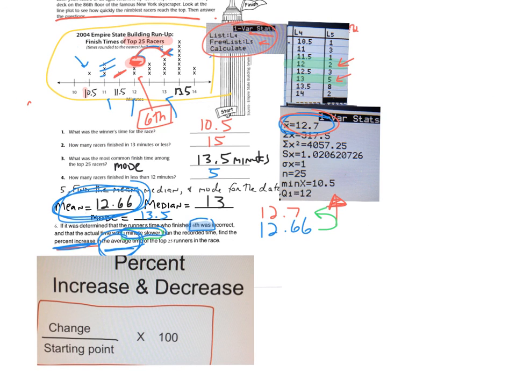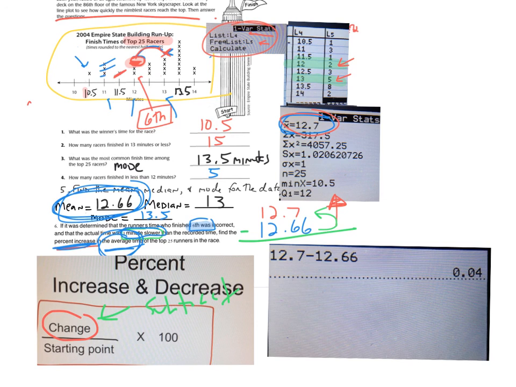So here's our formula, the change over the starting point times 100. So here, to get the change, you always subtract. So here, if you subtract 12.7 minus 12.66, here we get the change to be 0.04 or 4 hundredths.